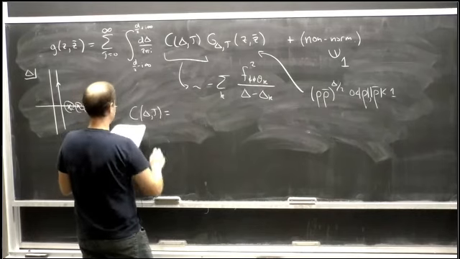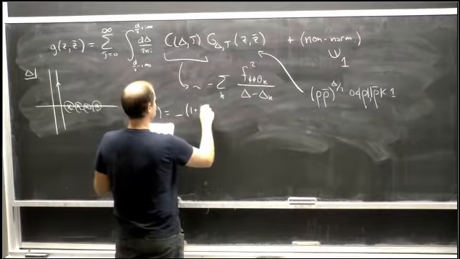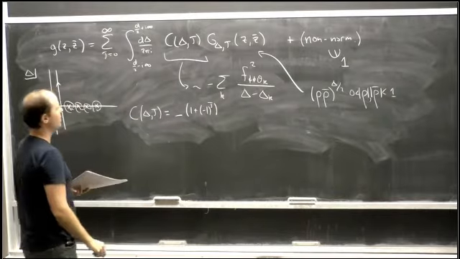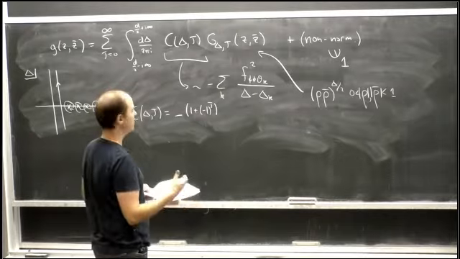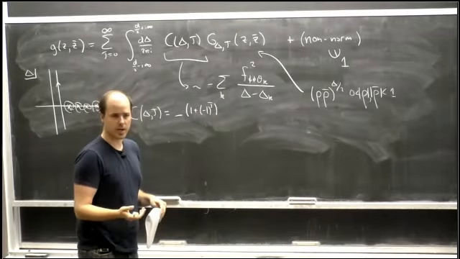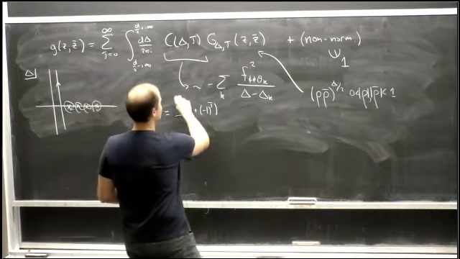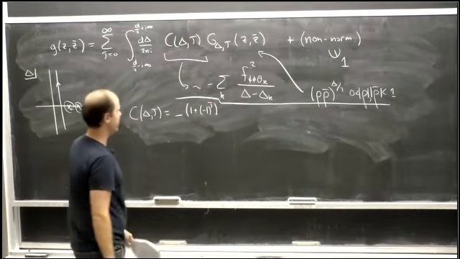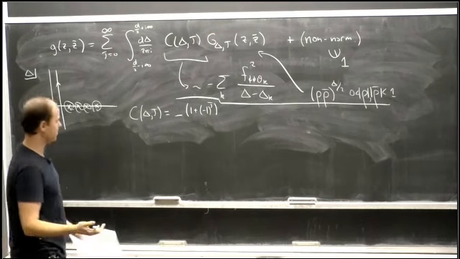So the statement is that C of delta J is, so first of all, it has this 1 plus minus 1 to the j, which enforces that it's non-zero only at even integer j. And that is good because we're studying here a 4-point function of identical operators, and identical operators contain only even spin operators in their OPE.